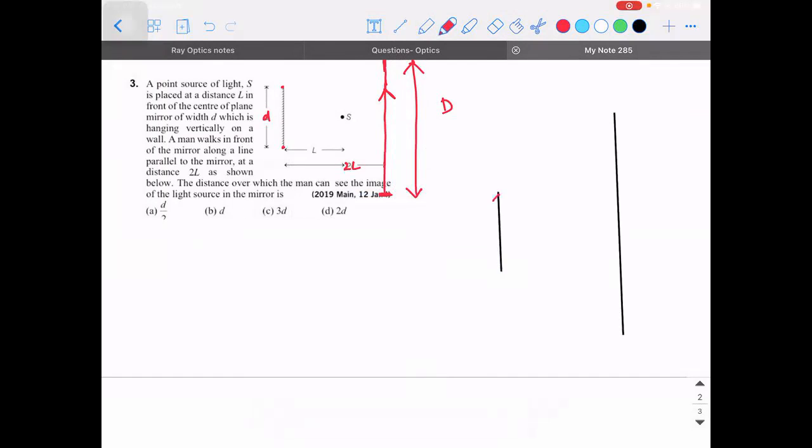So this is the mirror. The mirror's size is small d, and this distance is capital D. S is here. So a light ray will be incident at this corner. The reflected ray should go and meet here. The reflected ray should go and fall here.